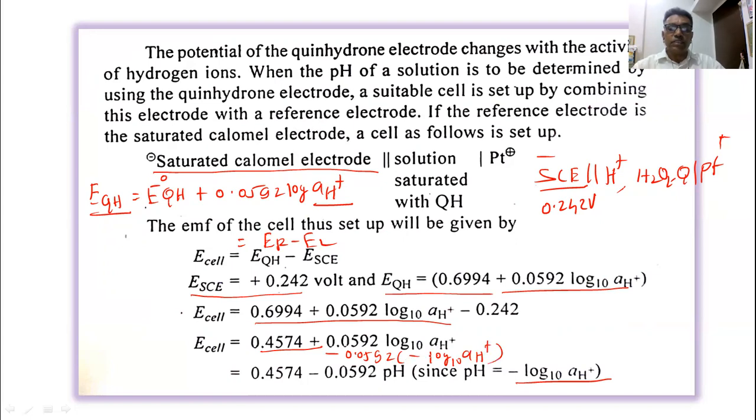So this term is nothing but pH, according to the definition of pH. Therefore this equation can be written in this way, 0.4574 minus 0.0592 into pH. So in this way we introduce here the pH term. So EMF of the cell becomes equal to 0.4574 minus 0.0592 into pH.